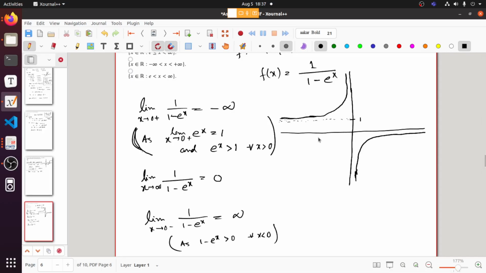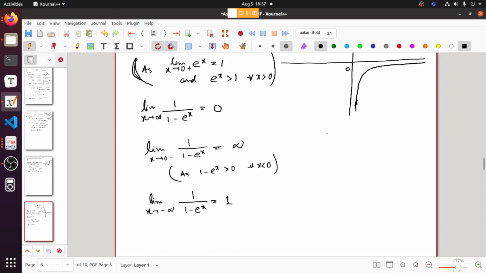And note that it cannot take a value between 0 and 1. Why? Any number between 0 and 1, how can you write it? Suppose 1 by 1 minus e to the power x is some number s between 0 and 1, right? Then you can write 1 by 1 minus e to the power x as 1 by r, where r is strictly greater than 1.